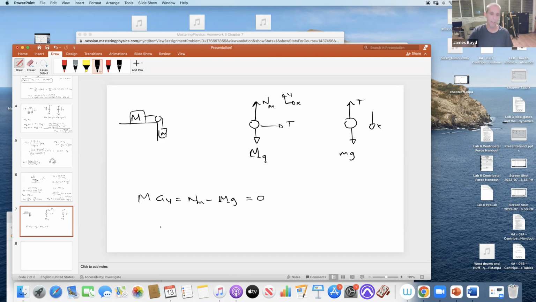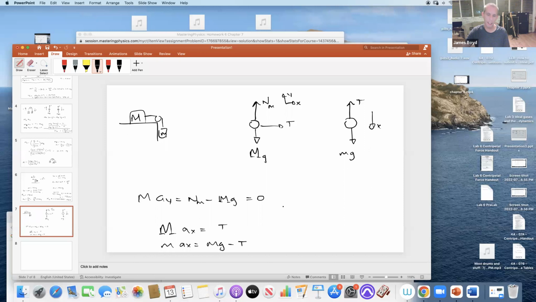We do care about, however, big M A_X is equal to T. And little m A_X is equal to mg minus T.